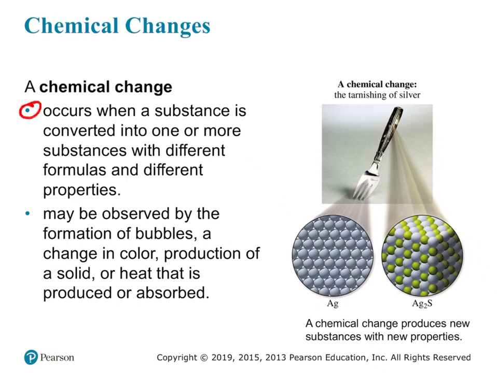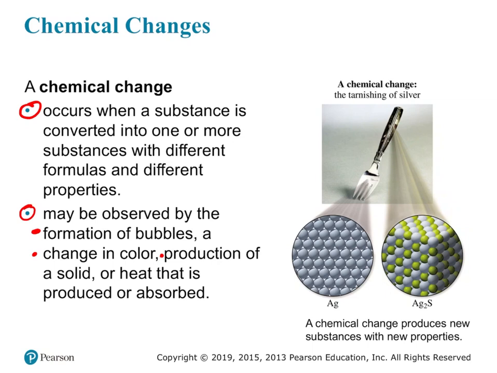So there are different ways that we can determine if a chemical change has occurred. So for instance, a change in color, like with the tarnishing of silver or the formation of rust. But additionally, some reactions will produce bubbles or gas. Sometimes you'll notice that a solid is forming.